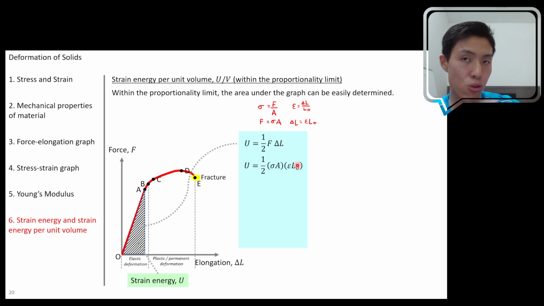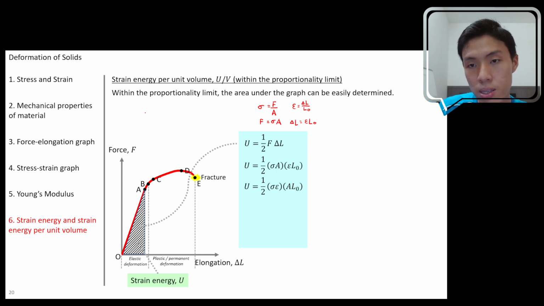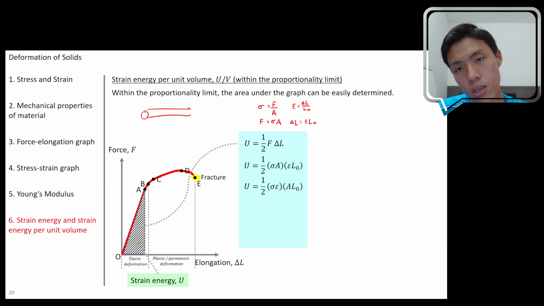Now, if we regroup the variables that we have here, we can put the stress and strain together, whereas the area and the original length will be grouped together. Okay, why do I do so? Because if you have a specimen, this will represent the area, this will represent the original length of the specimen.